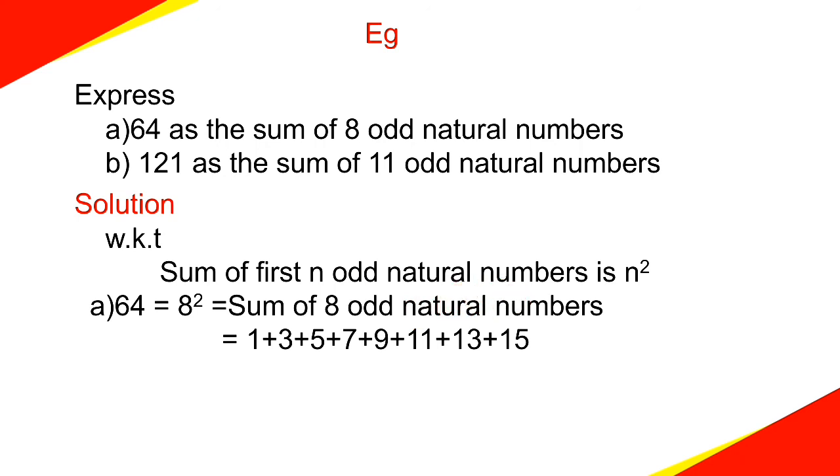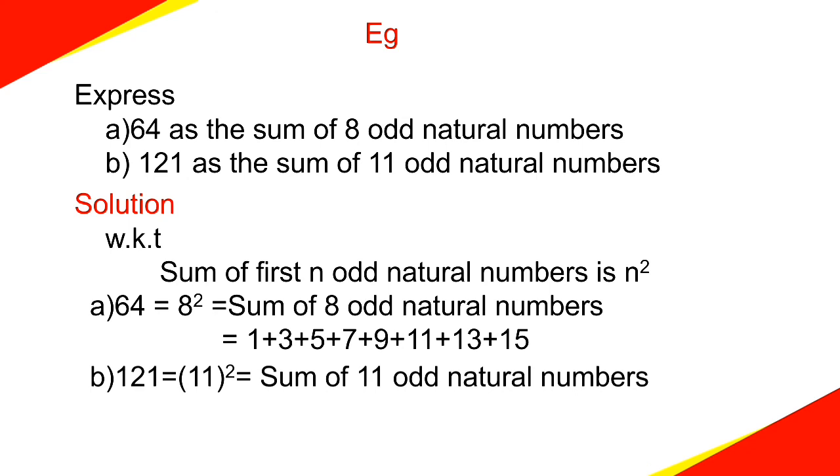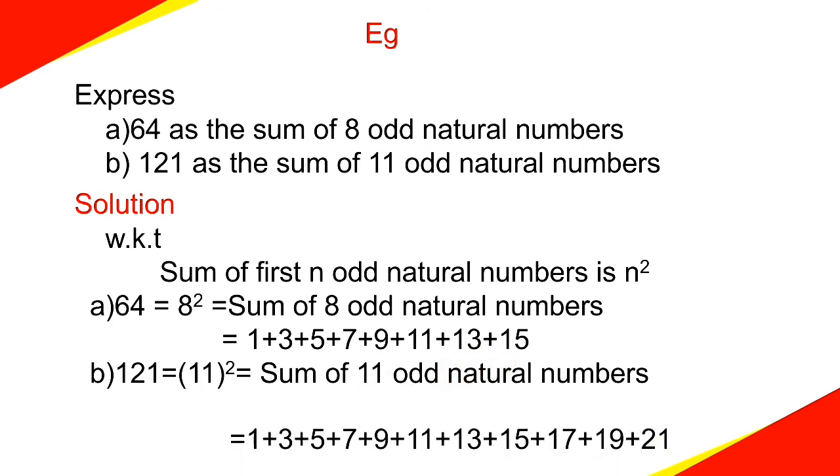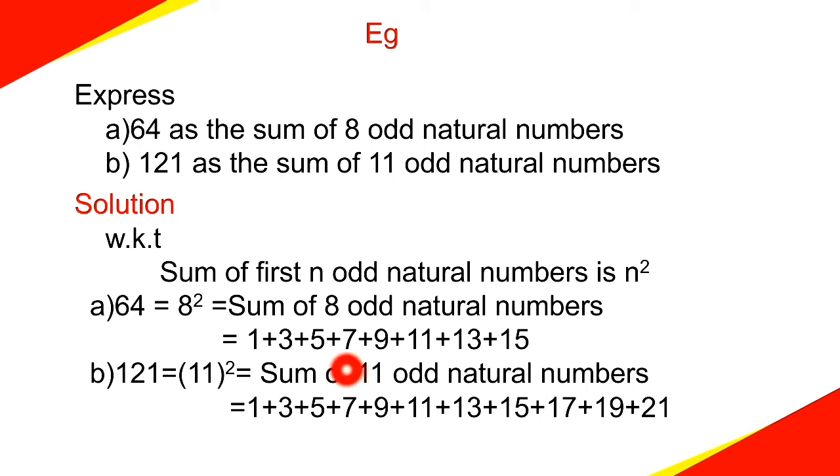Now we are going to solve option B, the second option. 121, which is written as 11 squared, is equal to the sum of 11 odd natural numbers. What are the 11 odd natural numbers? Good. 1 plus 3 plus 5 plus 7 plus 9 plus 11 plus 13 plus 15 plus 17 plus 19 plus 21.